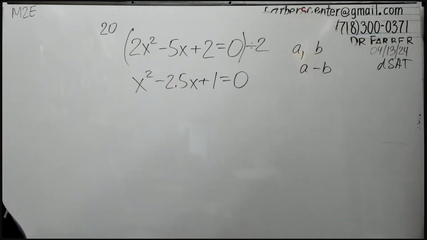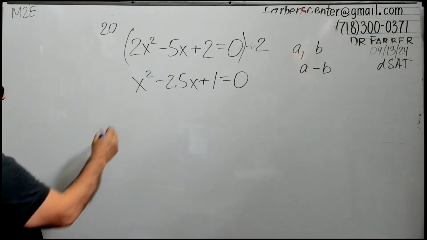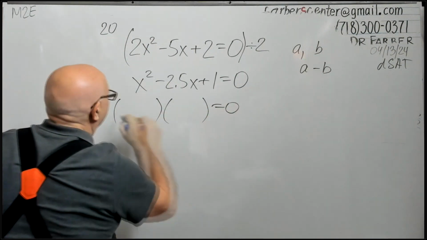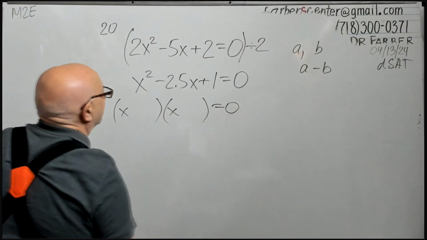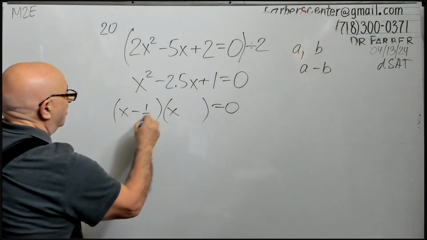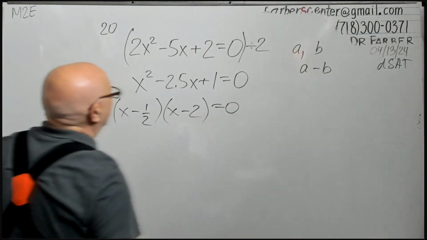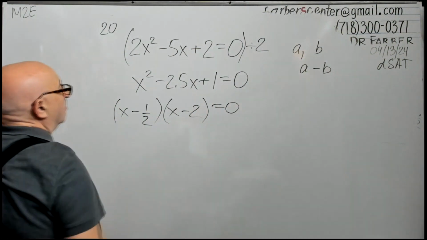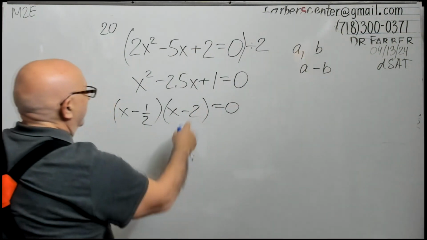If you look at this, what do we have? One way is the Francois Viete theorem. You can easily factorize like we usually do. What are the numbers? The sum is negative 2.5, the product equals 1. They are negative 1 over 2 and negative 2.